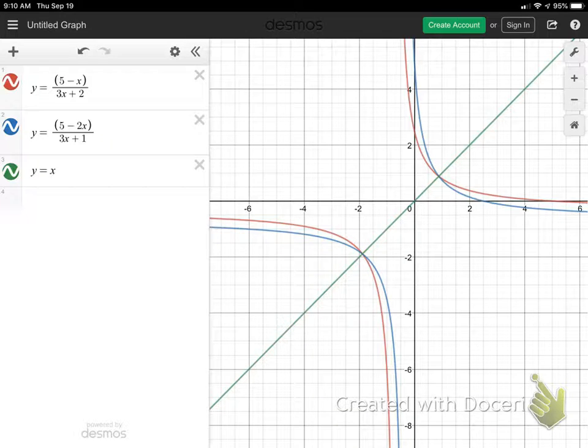Blue is the inverse of that function, and green is my identity line. Notice where my functions cross. In this situation, they cross twice, but both of them are on that identity line.